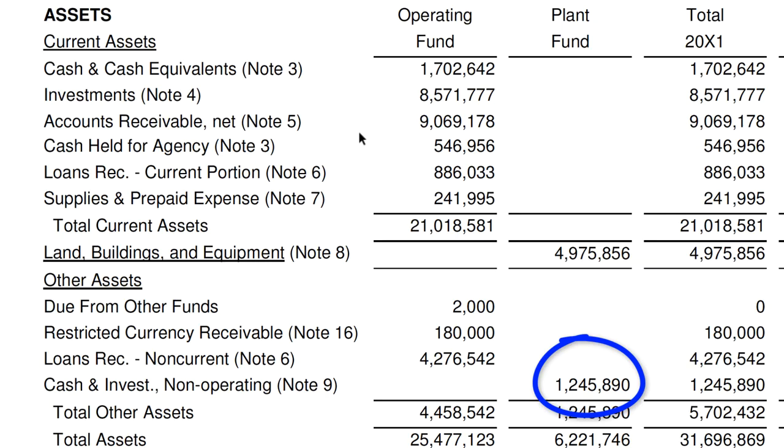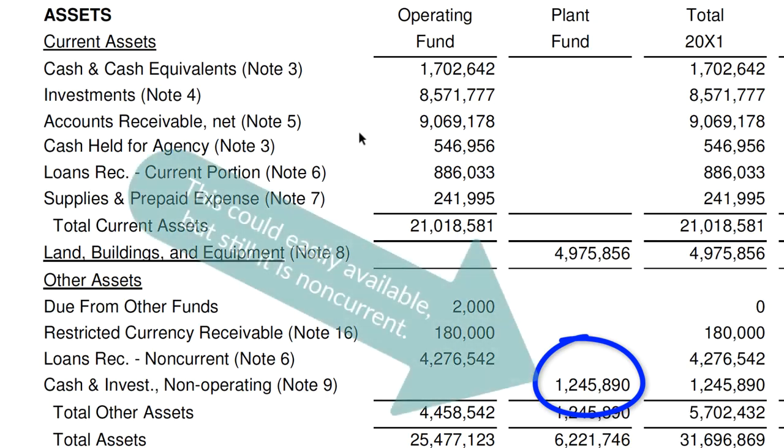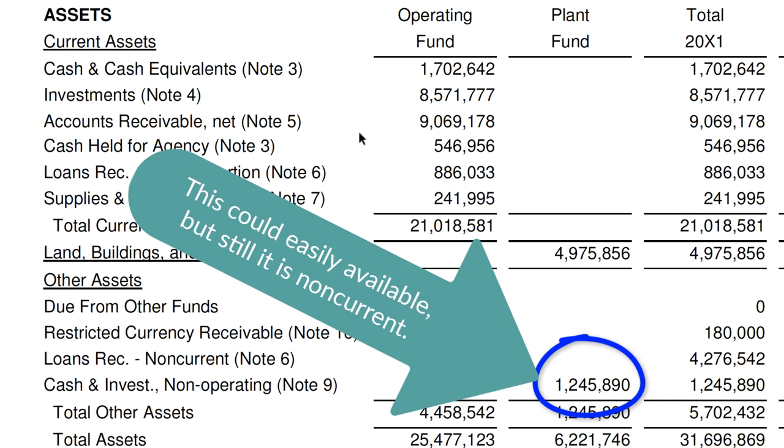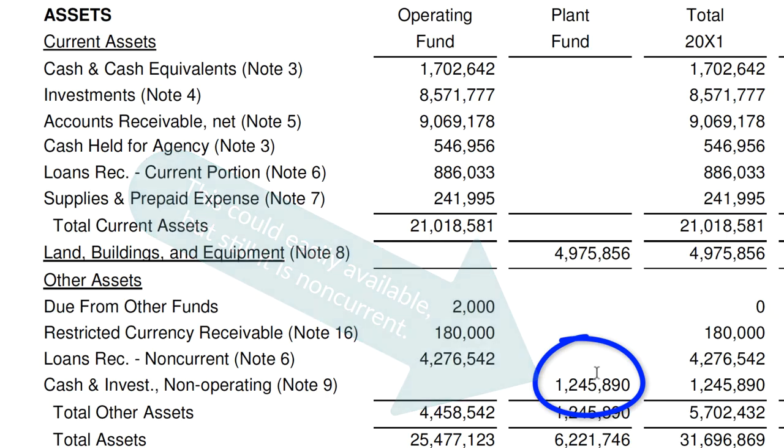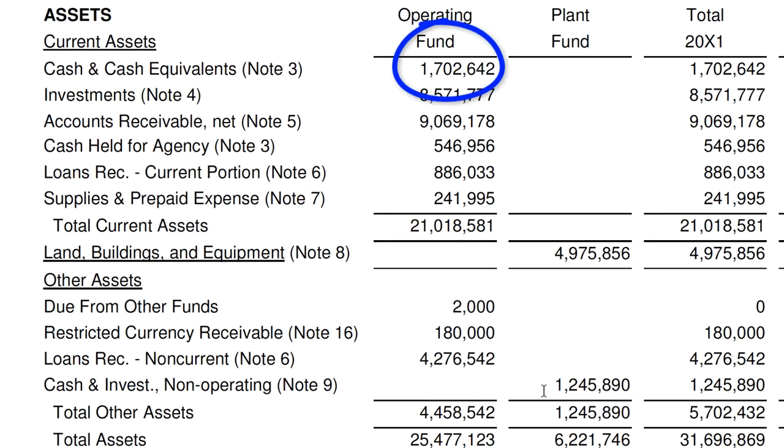So down here on our financial statement, it says $1,245,890. That is a cash bank account or broker investment account, which we could get the money on right away. But since it's not available for operations, we do not put it in current assets. This leaves in current assets only those resources that are available to help us with our current operational issues.